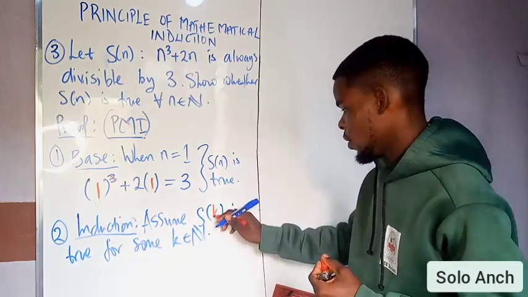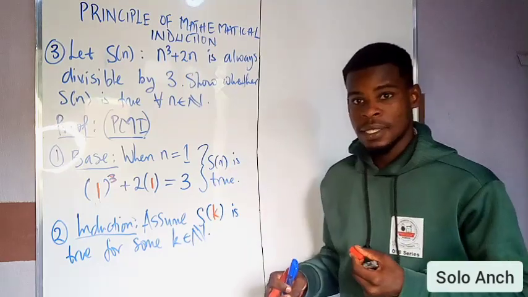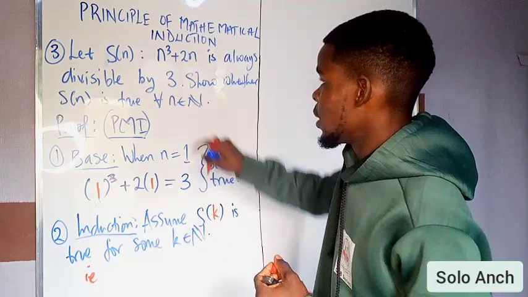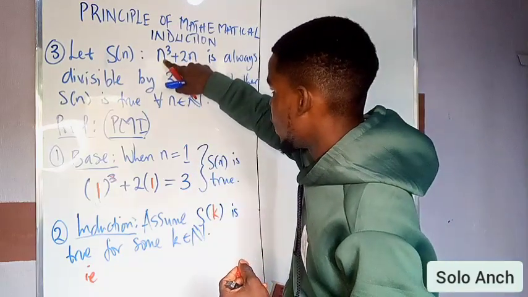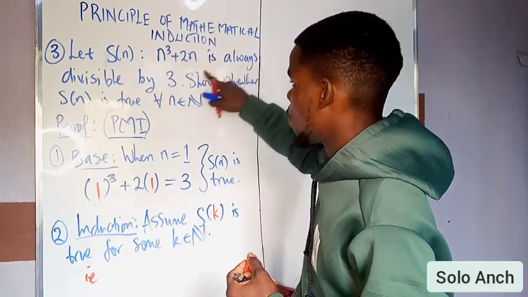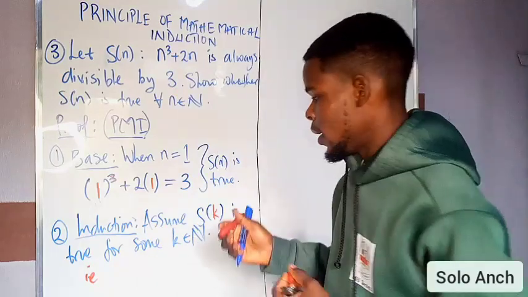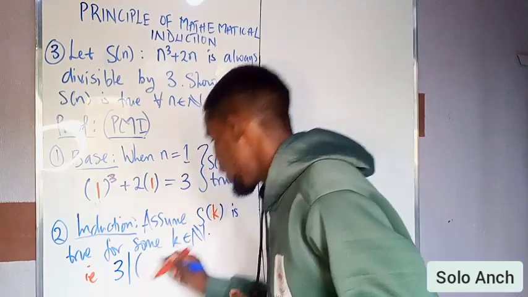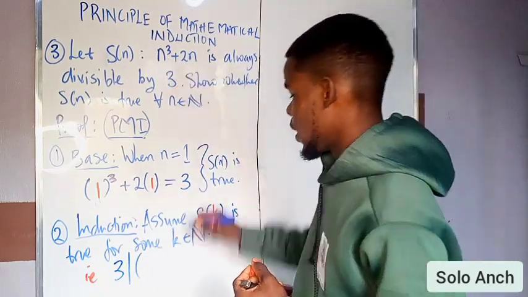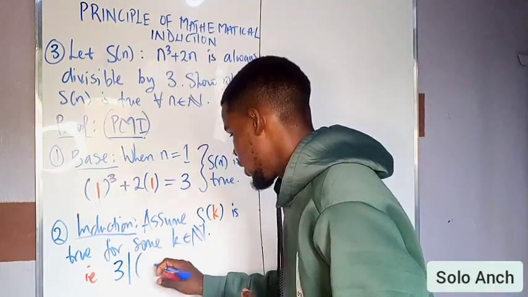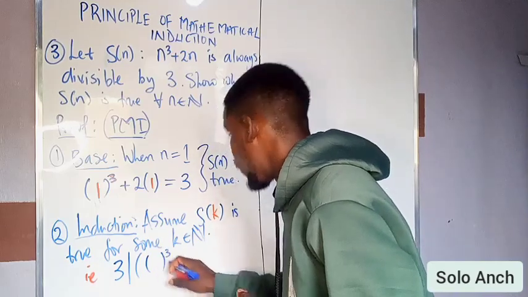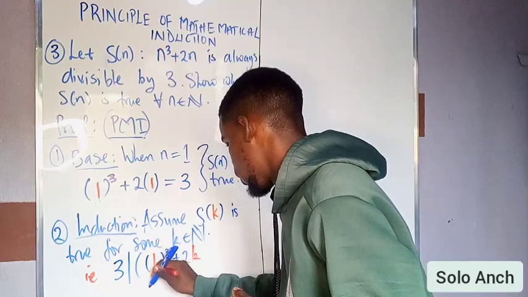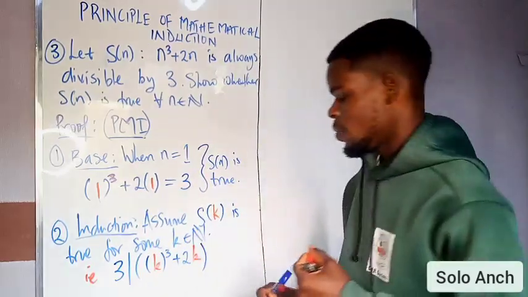That means that when we substitute k for n, the result will always be divisible by 3. That means that 3 will divide any expression that has k in place of n. Alright, so you're going to have the cube of k plus 2 times k. Good, that's what it means.